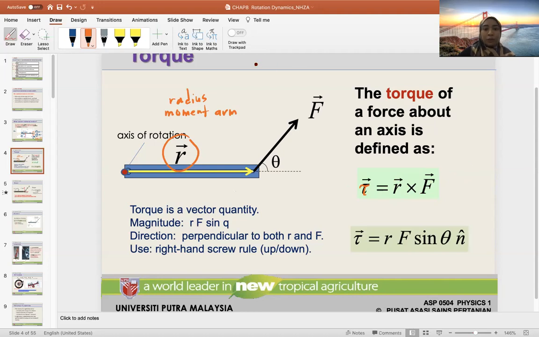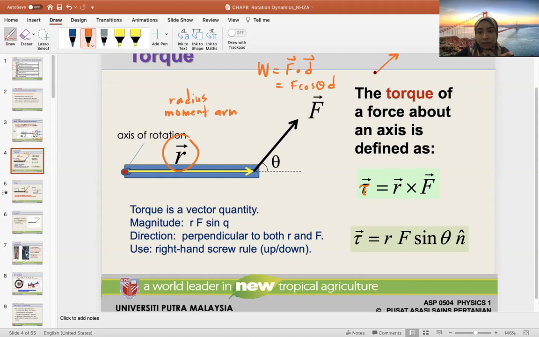Now, remember we have work done previously. Work done was the dot product of force and displacement. What does the dot product mean? It means that the force has to be in parallel with displacement or the displacement has to be in parallel with force. And how do you find a parallel component? F cosine theta, right? Do you guys still remember about this one?